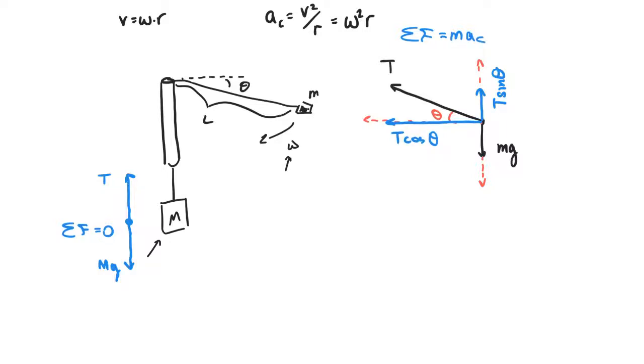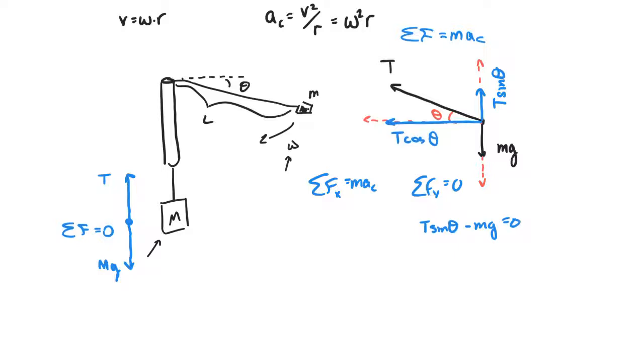So from here, I can break this up into the net force in the x direction and the net force in the y direction. X direction is going to be m a_c. Y direction is going to be 0. So T sine theta minus mg equals 0.